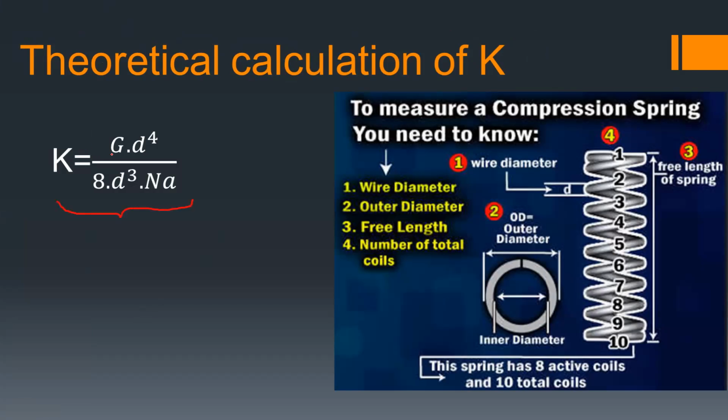So K is equal to G into D raised to 4 upon 8D cube into Na. Okay. So here G is the modulus of rigidity.